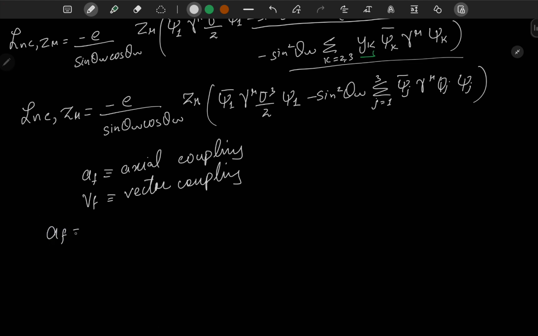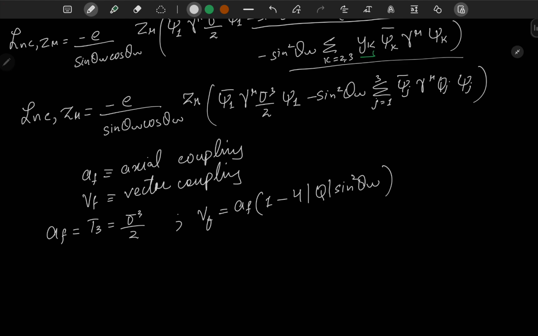So AF will be equal to the third component of weak isospin, which is this, and VF will be axial coupling into 1 minus 4 times absolute value of Q into sine square of theta W.